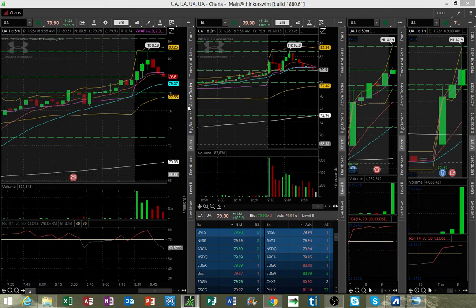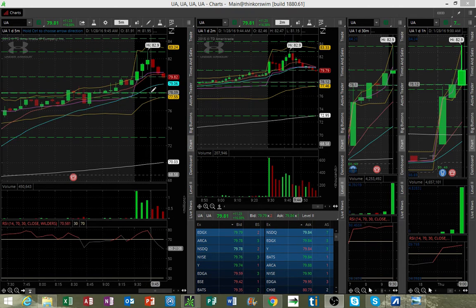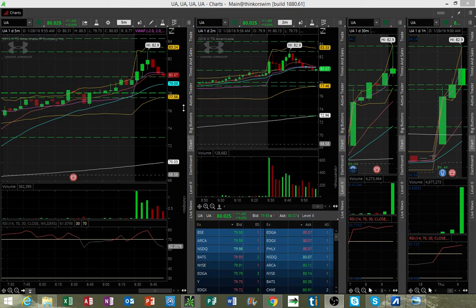And right now I'm just waiting and waiting to see what this is going to do. Right here is my profit target for half, or the 250 shares that I have. And then my ultimate goal is going to be here. So right now I'm sitting here and I'm looking at this trade, and I'm watching how this thing is working.